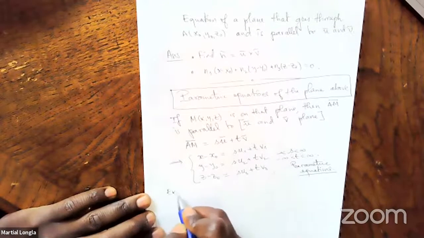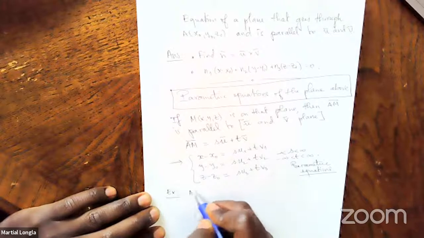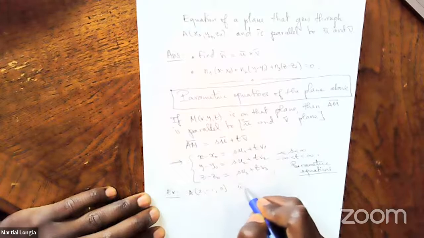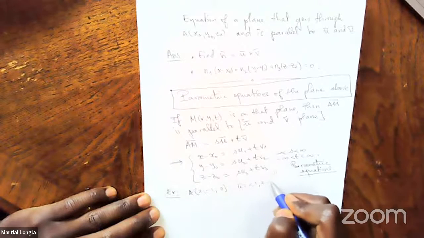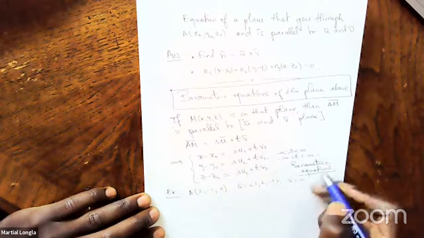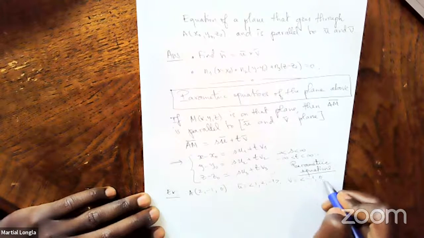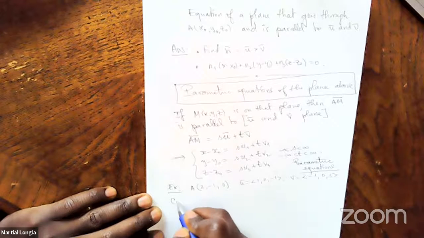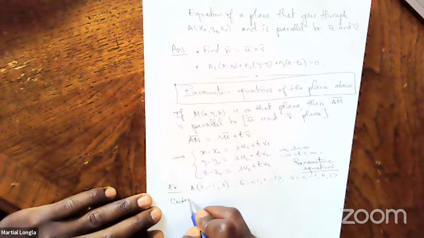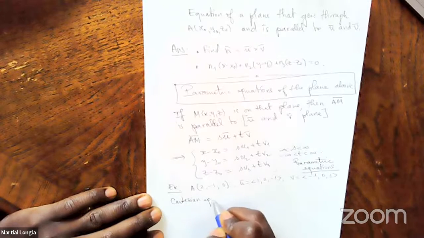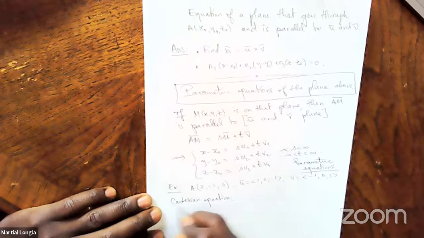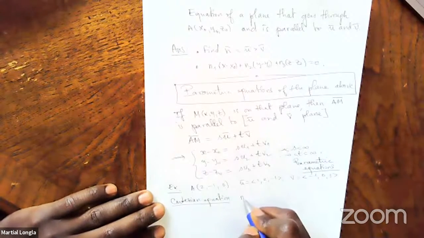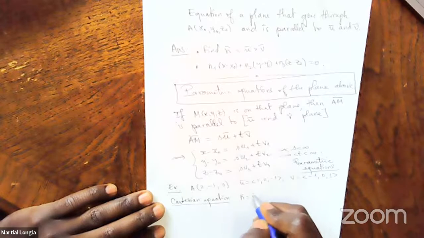So here, for example, you could have A with coordinates 2, minus 1, 0. u equals 1, 2, minus 1. v equals negative 1, 0, 1. So the Cartesian equation is going to be by this formula. To get the Cartesian equation, you have to have n equals u cross v.